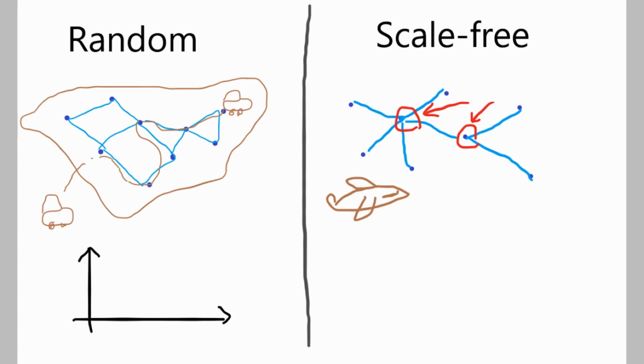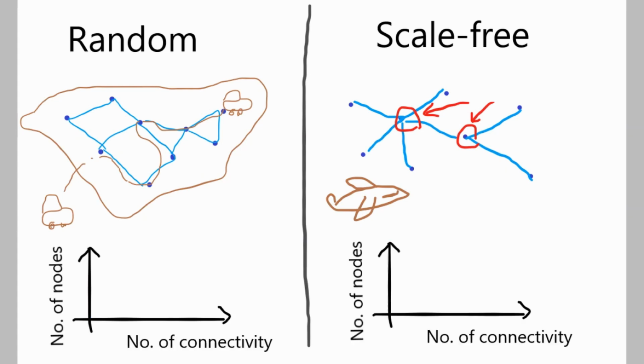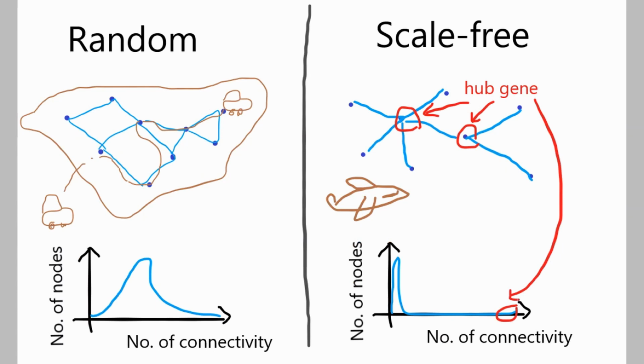As we can see from the graph, most nodes have only very few connections, while very few nodes have many connections. Those are called hub genes. The number of links per node follows a power law distribution. Genes always appear as indirect correlations. Let's take a look at a biological pathway.